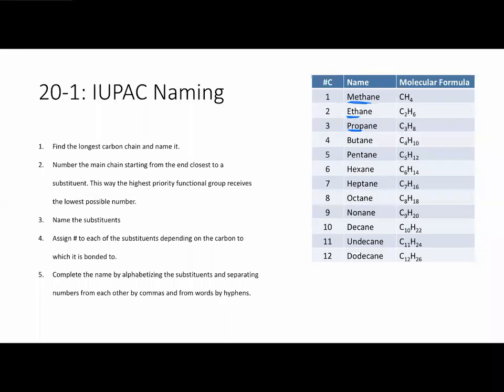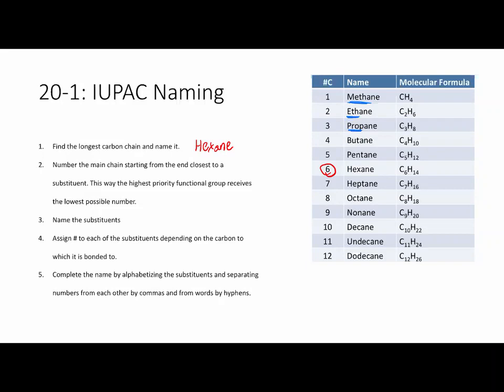First, we have to find the longest carbon chain and name it. Let's just say you have 6 carbons in your longest carbon chain. That base name would be hexane. Second, number the main chain starting from the end closest to the substituent.